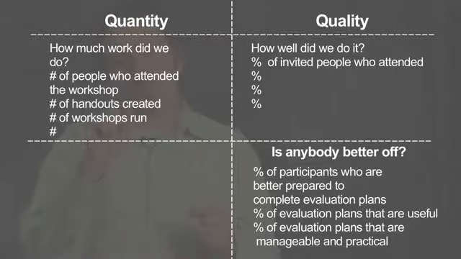Thinking about where my indicators for my program fall in that little set of squares is really helpful. A lot of programs will find they have quite a bit of information on how much work they do, not that much information about whether anyone's better off as a result. And this table is neat too, because it forces you to express each of the indicators in terms of a percentage, which sometimes is helpful in clarifying where things go.